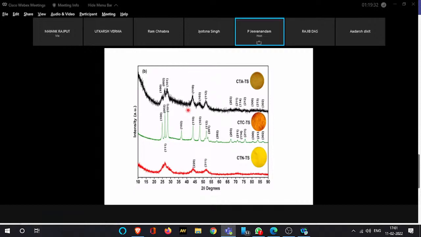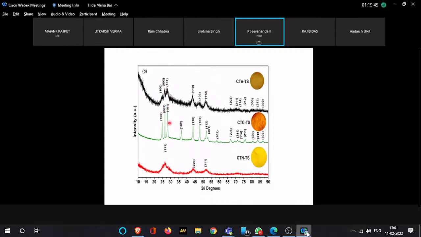That I call Miller indices. So when I say 100, it has a particular meaning. I will show you in the next class. But I will introduce to you that these numbers are called Miller indices, and each of these numbers represents a particular plane of the crystal.